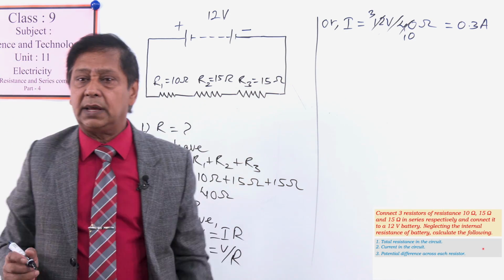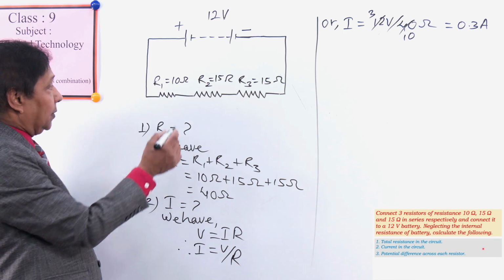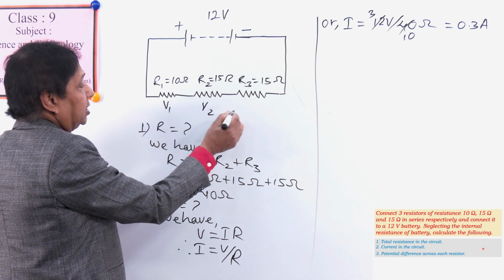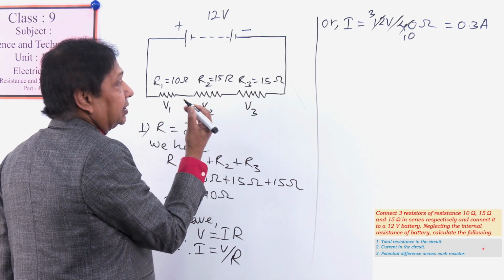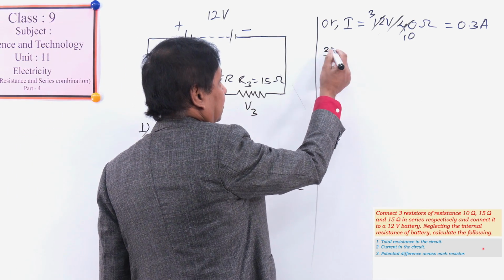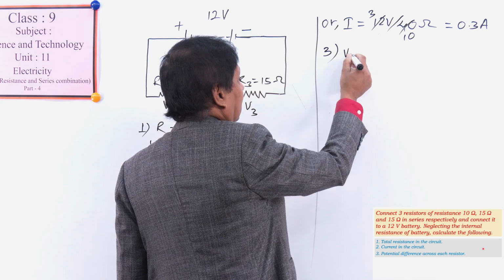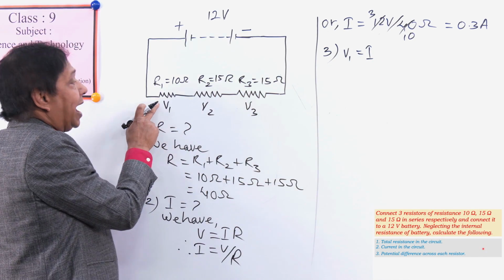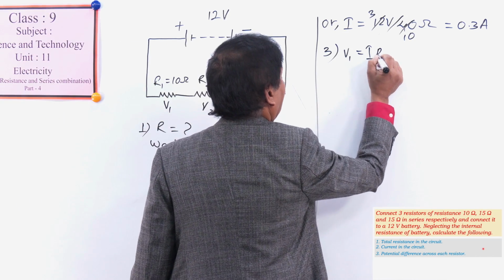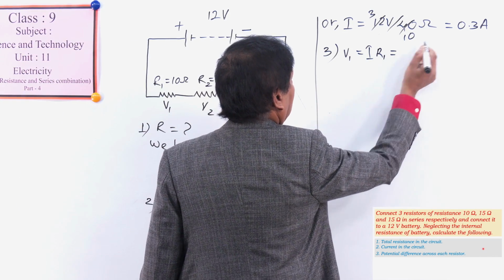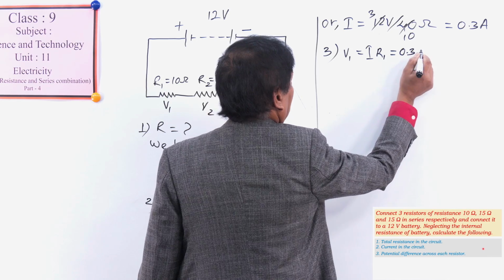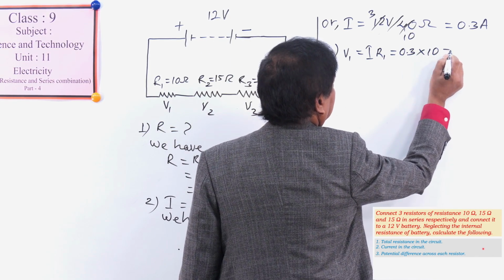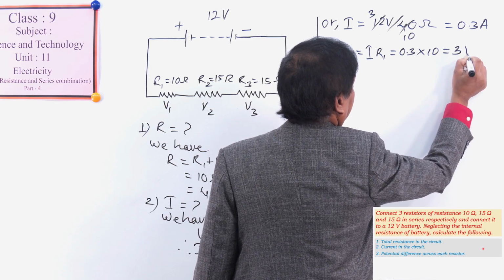Now third part, potential difference across each resistor. Potential difference across the first resistor is V1, second resistor is V2 and third resistor is V3. In question number 3 we are going to find out V1 equal to IR. I is the same, so V1 is equal to IR1, this is equal to 0.3 into R1, which is 10, this is equal to 3 volt.